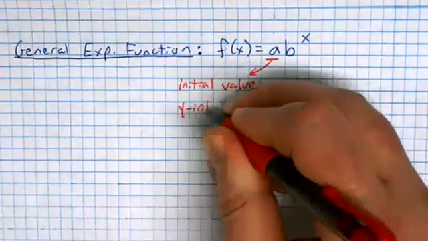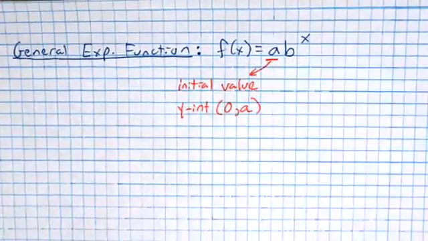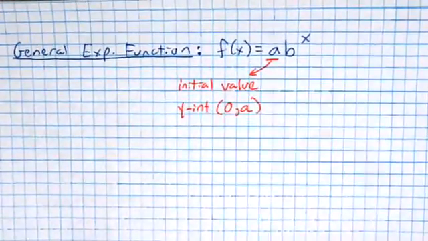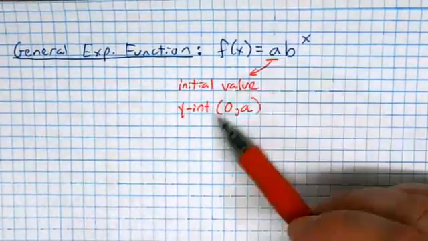It is going to be the value where the y-intercept happens. So if that number in front was a 5, then you would know for a fact that your y-intercept is going to be at 0,5.